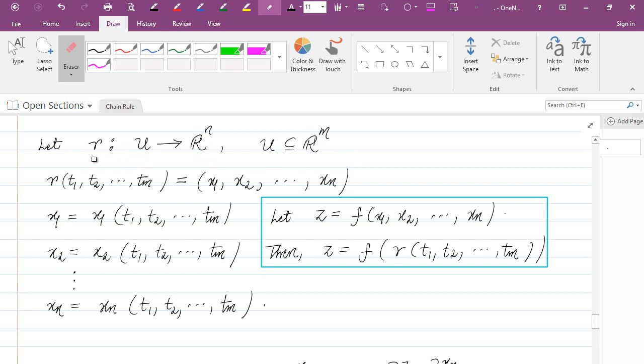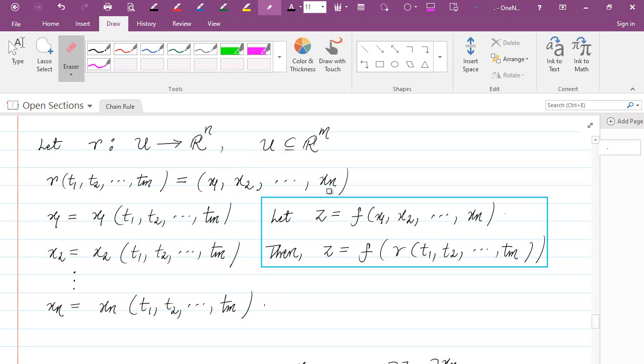We can think of R as taking a point in the M space to a point in the N space, or we can think of the input of R as a vector in the M space, and the output of the function as a vector in the N space. So let's denote the input of R by the point or the vector t1, t2, tm, and let's denote the output of the function R by the point or the vector x1, x2, xn.